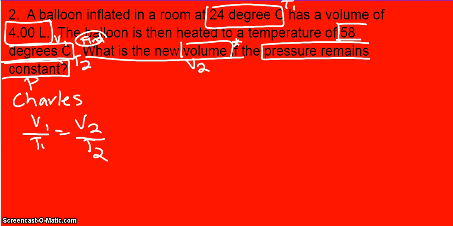Now, one additional piece we have to consider here is that because temperature is involved, we do have to care about our units. Here we are presented Celsius, and we can only do temperature calculations in Kelvin.